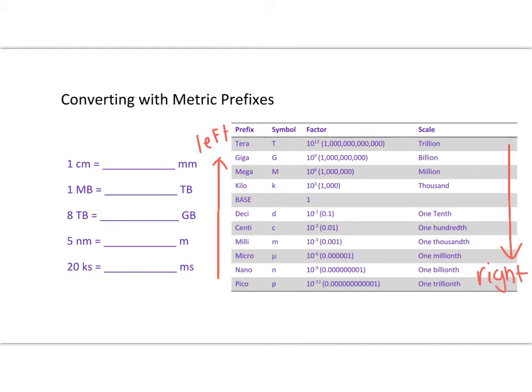So for the first one, I'm going from centimeters to millimeters. So I'm going to move to the right, and we see right here there's only one space between these. So in 1 centimeter, I'm going to have 10 millimeters. All I did was move my decimal point over 1. Next one, I'm going from mega to terabyte.